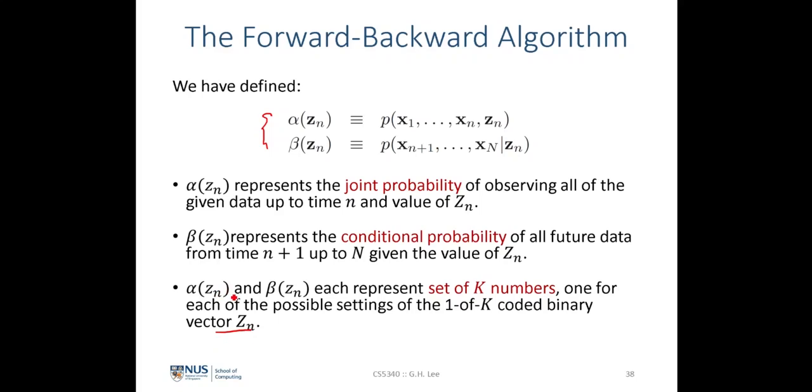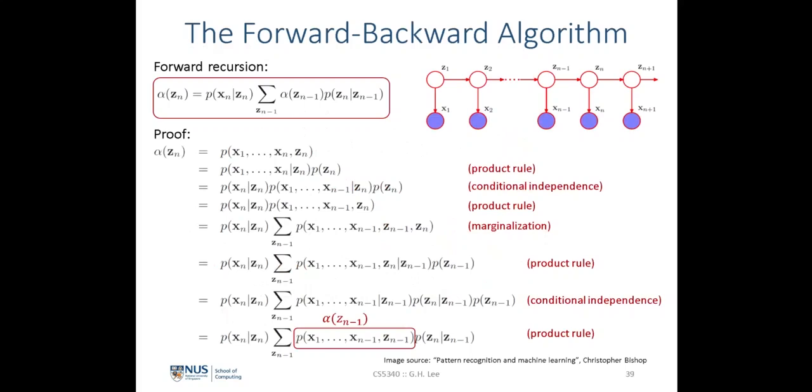So we'll look at how to compute this K by 1 vector of alpha and beta, since both of them are dependent on only one random variable, which is zn, in the probability distributions here. Now the alpha term over zn can be computed by this expression over here, which we will call the forward recursion.